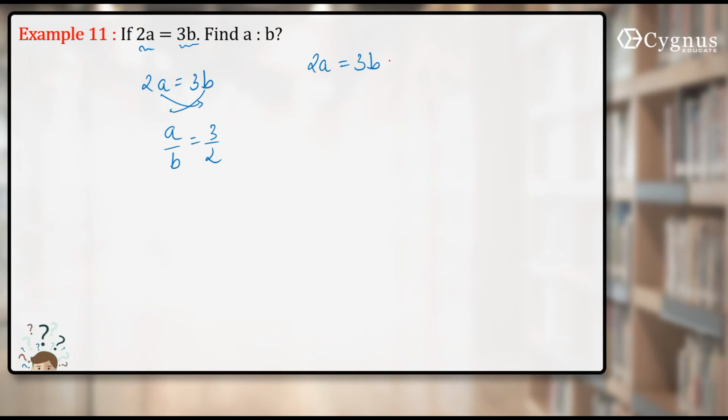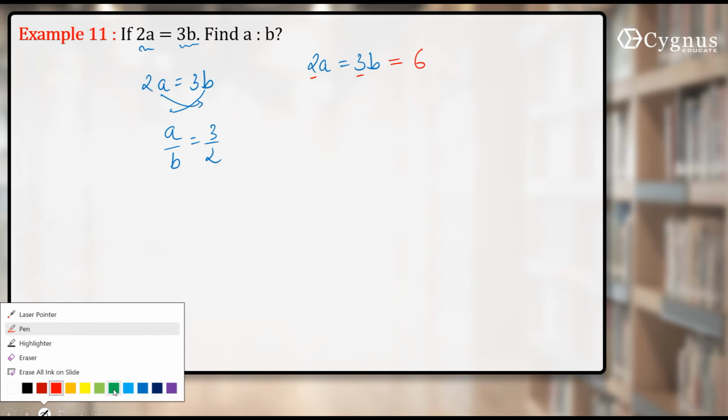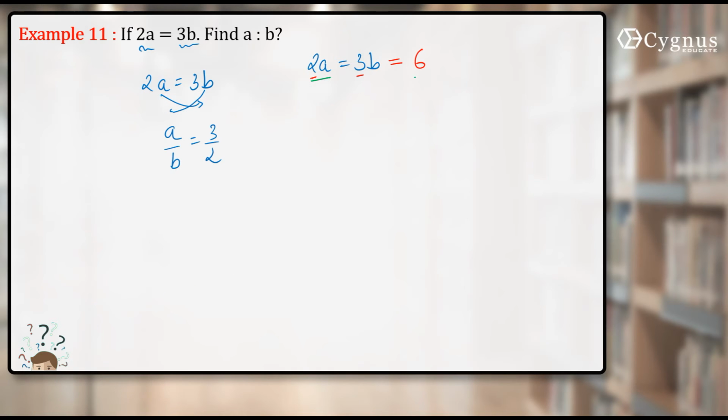If these two are equal, I can take it equal to either k, 100, y, z, anything. But the best way is what? Assume a number which is completely divisible by these coefficients. Now 2 and 3 are the coefficients of a and b. Their LCM would be 6. So take it equal to 6. Look at this. It's given that 2a is equal to 6.